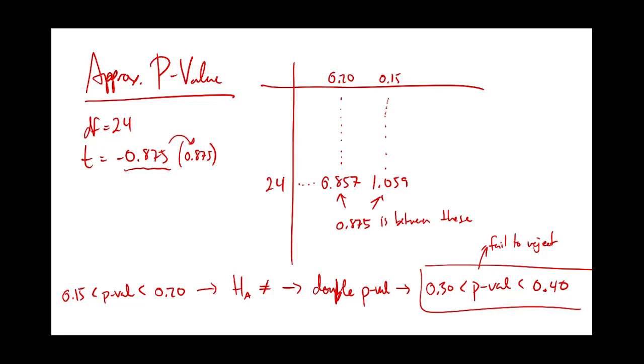So, where is the 1.059 from? It's on the table. These values are inside the table on the 24 degree row. So you're going into that row that represents your degrees of freedom, and you're trying to find out where on the spectrum from here to here our test statistic lies. That's what you're doing.